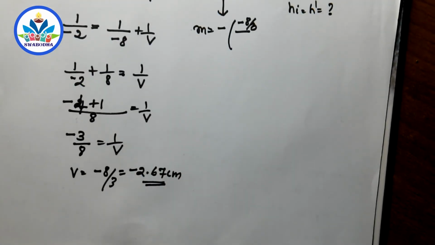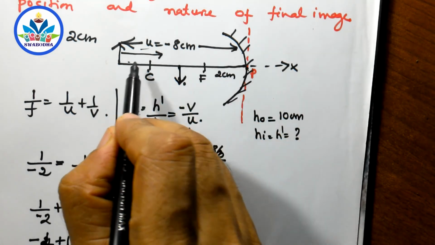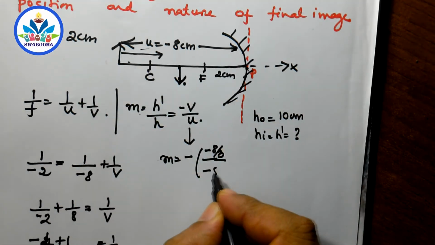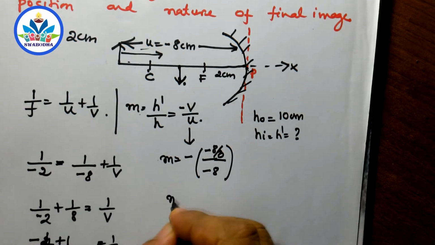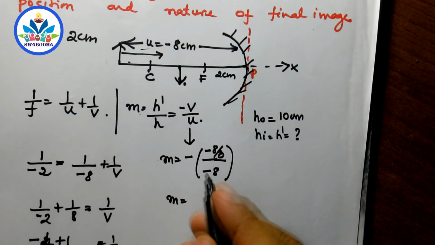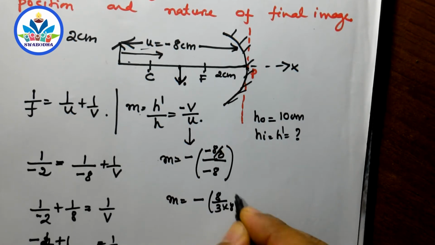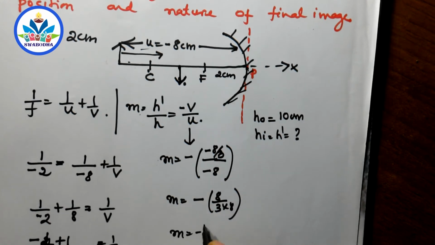Here is the proof. Minus 8 by 3 divided by U. U is again negative. It is minus 8. So what is this? Magnification is this minus gets cancelled, but formula minus remains, minus 8 by 3 into 8. Am I right? This 8 comes here. And this 8 gets cancelled. Magnification is minus 1 by 3.